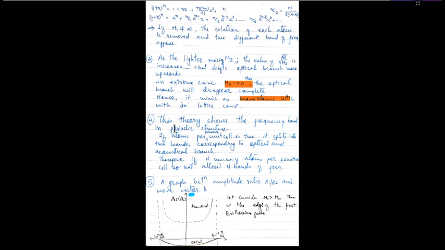The fourth outcome which is very interesting, and that is the theory shows that the frequency band in the periodic structure, if the atoms per primitive unit cell are two, splits into the two bands.